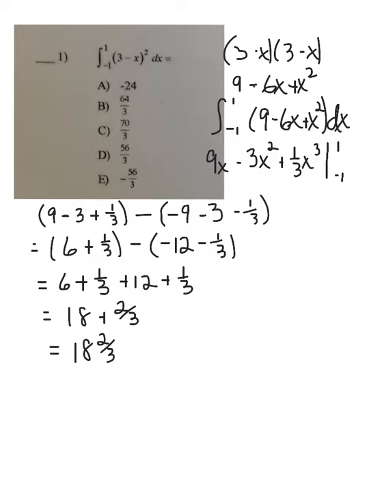And then to simplify this, remember we multiply these two numbers, so that would be 54 plus 2 more, and that would give me 56/3. So final answer is 56/3.